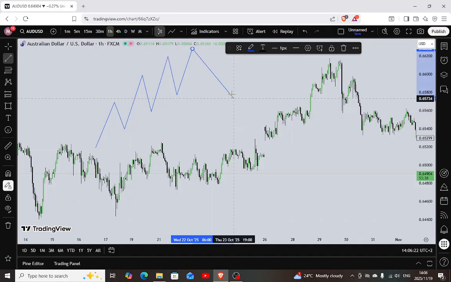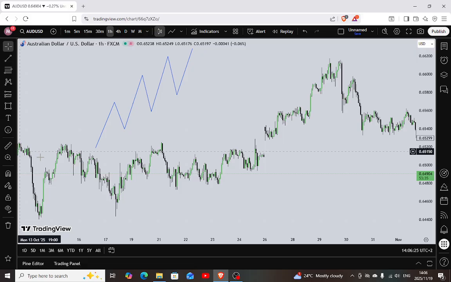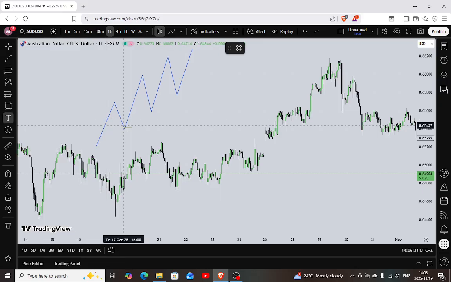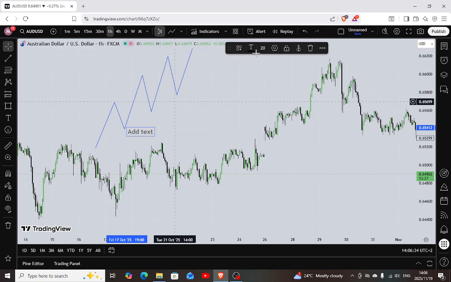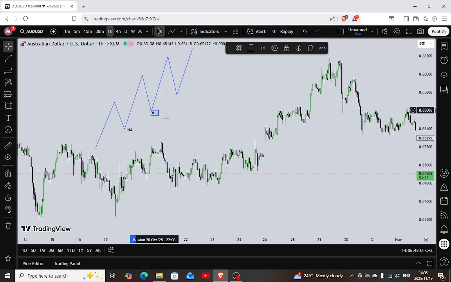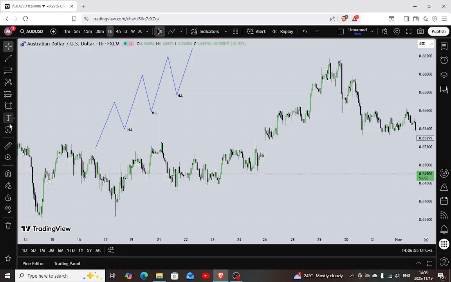So basically on an uptrend, what the market is really doing is making higher lows, higher lows, higher lows all around those areas, and then on the upside we have your higher highs.